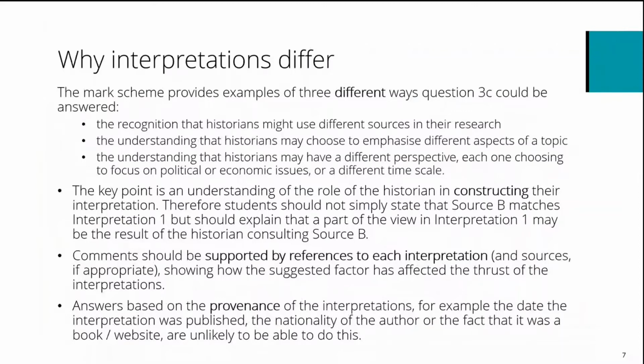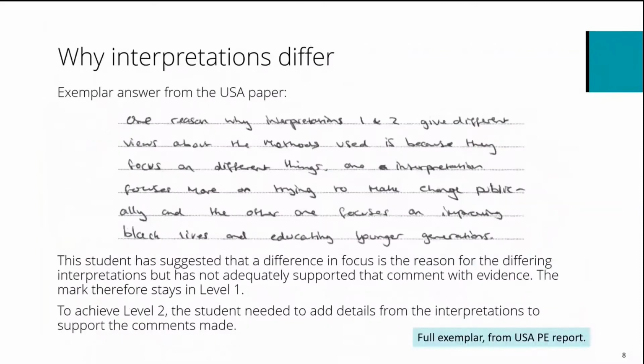Answers based on the provenance of the interpretations, for example, the date the interpretation was published, the nationality of the author, or the fact that it was a book or website, are unlikely to be able to do this. Now on the screen, you can see an exemplar answer from the USA paper for this summer.